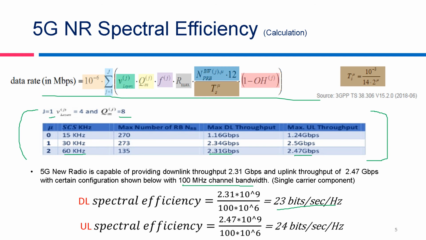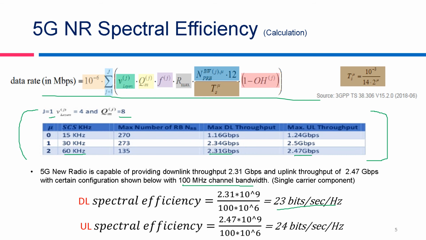So as a conclusion of these spectral efficiency calculations, we can clearly see that 5G is more efficient in terms of spectrum utilization, because if we compare downlink of LTE and downlink of 5G, LTE was able to give a spectral efficiency of 15 bits per second per hertz in the downlink, whereas with 5G I'm able to achieve 23 bits per second per hertz.